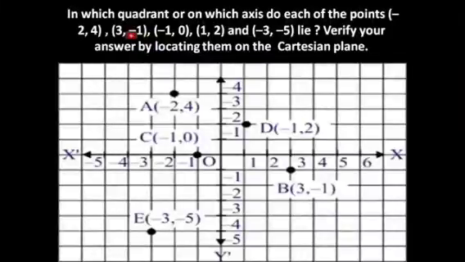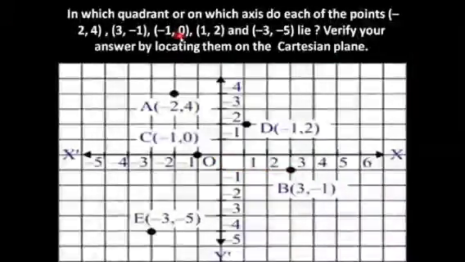So 3 on the x-axis and -1 on the y-axis. Let us try to find where it would be. 3 on the x-axis. And then -1 on the y-axis. So this is where the point would be.